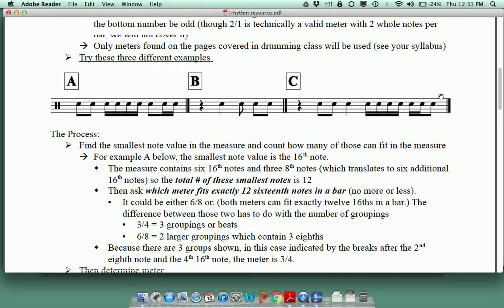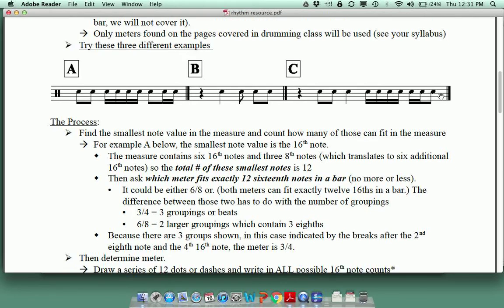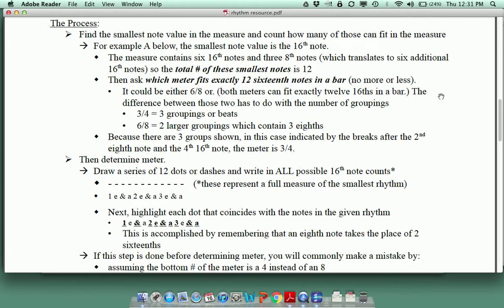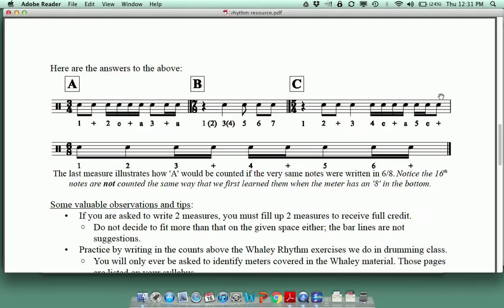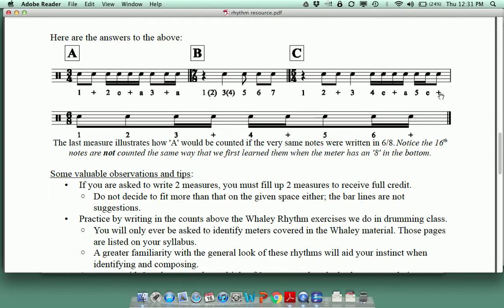So now let's go to the next page, and I have some of the numbers written here so that you can see all in one place where everything is written so that you can compare yourself to what's going on. What I did here is I wrote out in 6/8 the same rhythm that you see in 3/4.